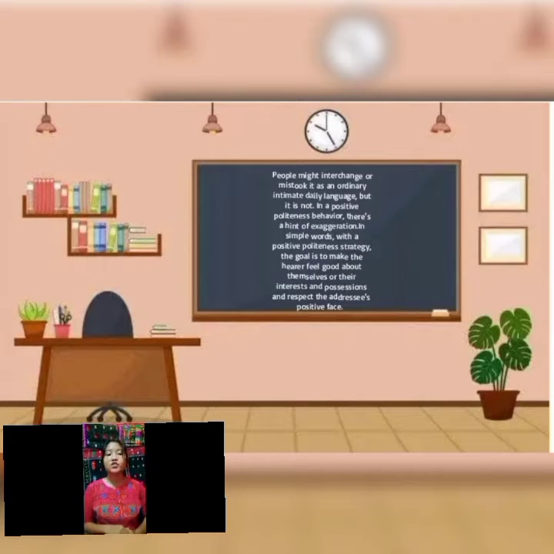People might mistake this for ordinary intimate daily language, but it is not. In positive politeness behavior, there's a hint of exaggeration. In simple words, with a positive politeness strategy, the goal is to make the hearer feel good about themselves or their interests and positions, and to respect the addressee's positive traits.